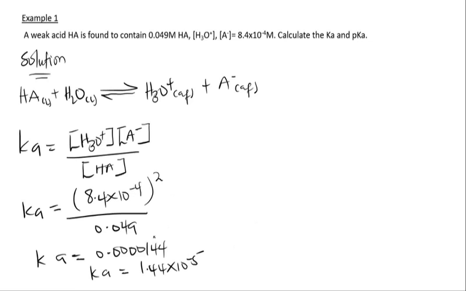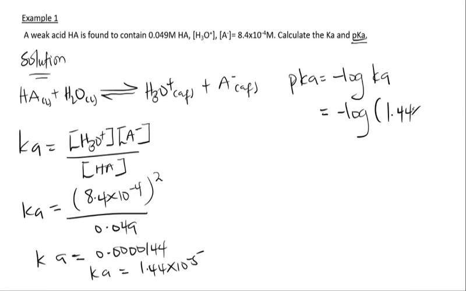Now that we have the Ka, the second aspect of the question is saying we have to find pKa. Now pKa is equal to negative log Ka. So negative log of the Ka value, which we have as 1.44 times 10 raised to the power minus 5.